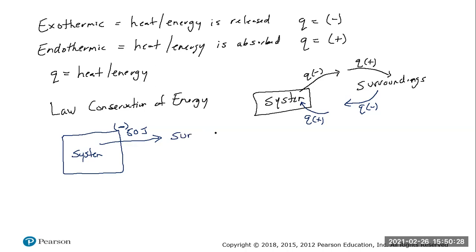Well, the surroundings would absorb the exact same amount of energy, 50 joules. The difference is it would be a positive value, because that indicates that the surroundings is absorbing that energy, and the negative for the system means that it is giving off that energy. The actual amount of energy being transferred from the system to the surroundings in this case is the exact same amount of energy.